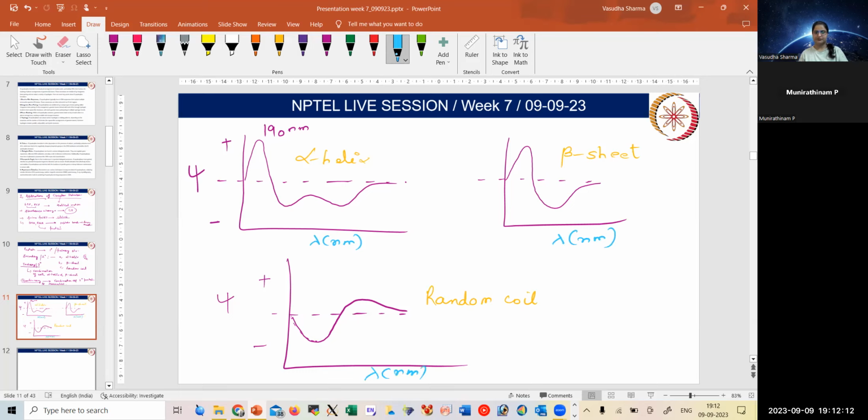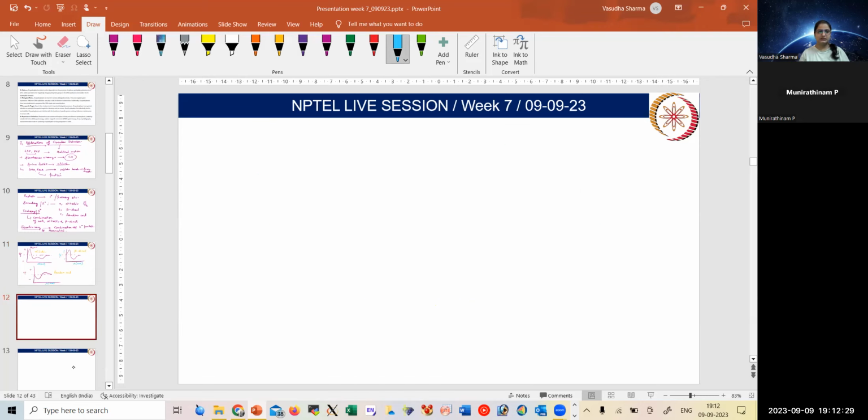So this way we identify how we can distinguish alpha helix, beta sheet, and random coil. That means the different forms of secondary structure. Also, in this week, we saw that there is a temperature called melting temperature.